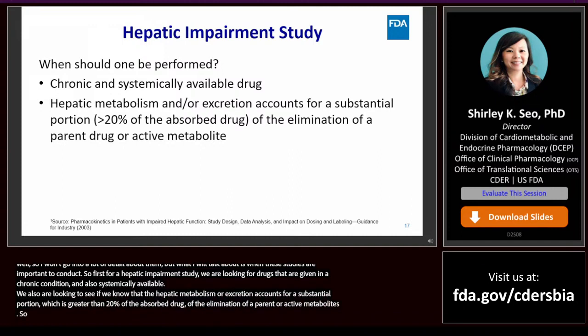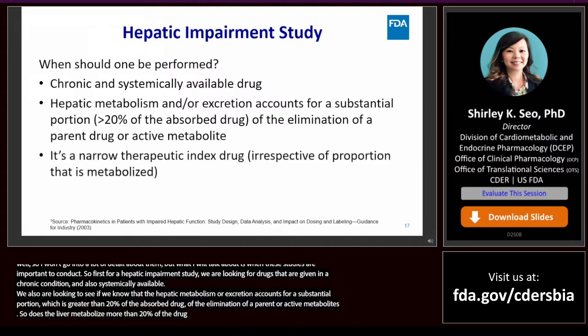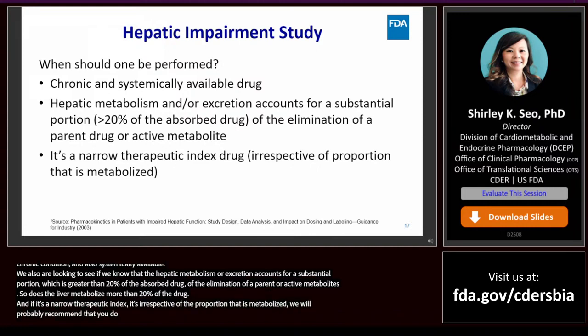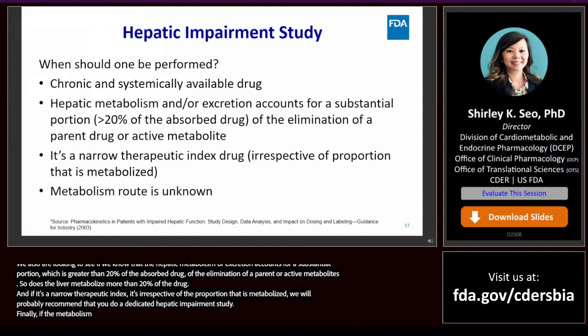So does the liver metabolize more than 20% of the drug? And if it's a narrow therapeutic index, it's irrespective of the proportion that's metabolized. We will probably recommend that you do a dedicated hepatic impairment study. Finally, if the metabolism route is unknown, we will recommend a hepatic impairment study as well.